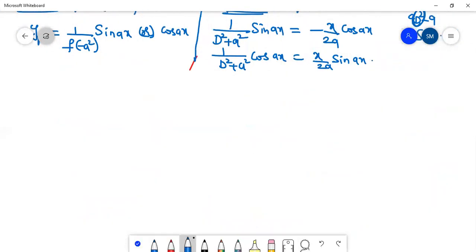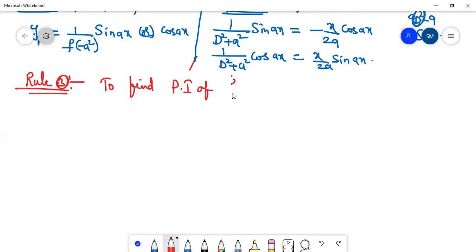Next, rule 3. To find the particular integral of f of d into y is equal to q of x, when q of x is equal to x power k.